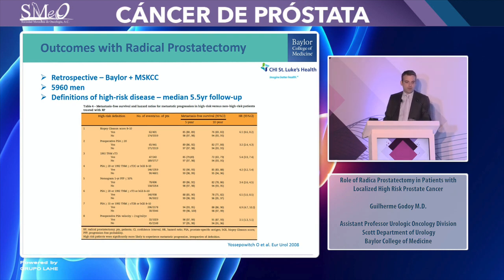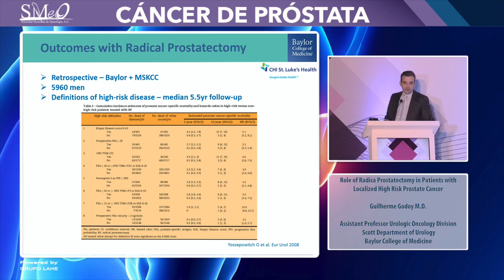So you can see in this table there are 8 different definitions, and then they're just comparing outcomes with a median of a 5.5 years follow-up. And as you can see in this column, from the metastasis-free survival, the survival goes around 85% or more at 5 years, and around 72% or higher, just like I mentioned before.